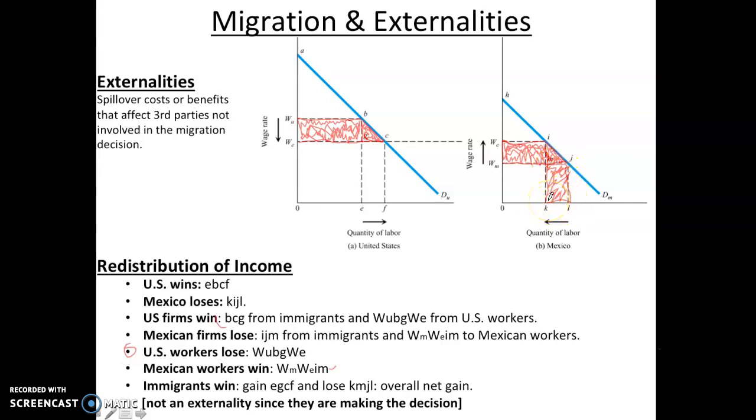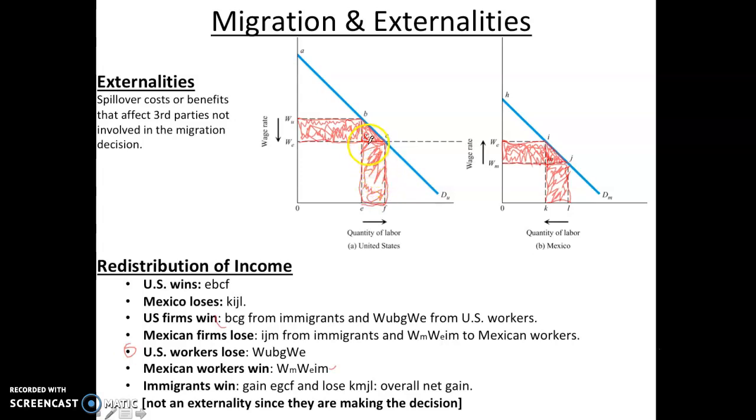But where are they going? Well, they're going to the US. So they're becoming EF, and they're getting paid this amount, the market wage. So this area here becomes the gain to them. Well, you can see the incentive because the gains outweigh the losses.